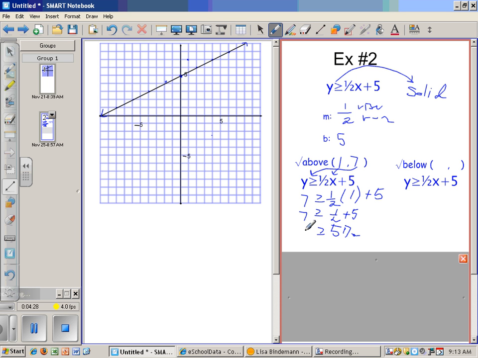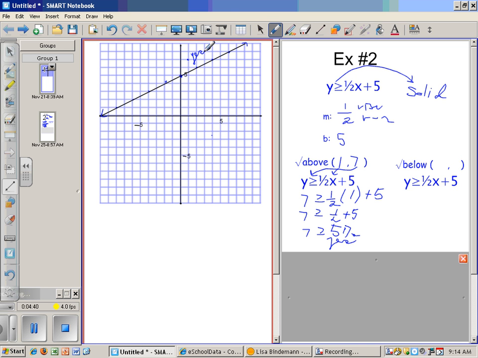Is 7 greater than 5.5? Yes. So sometimes next to my point, I even put yes. And you always shade over the point that works. So I'm probably going to be shading up. The only thing you do is you always want to check below, just in case you made a mistake.